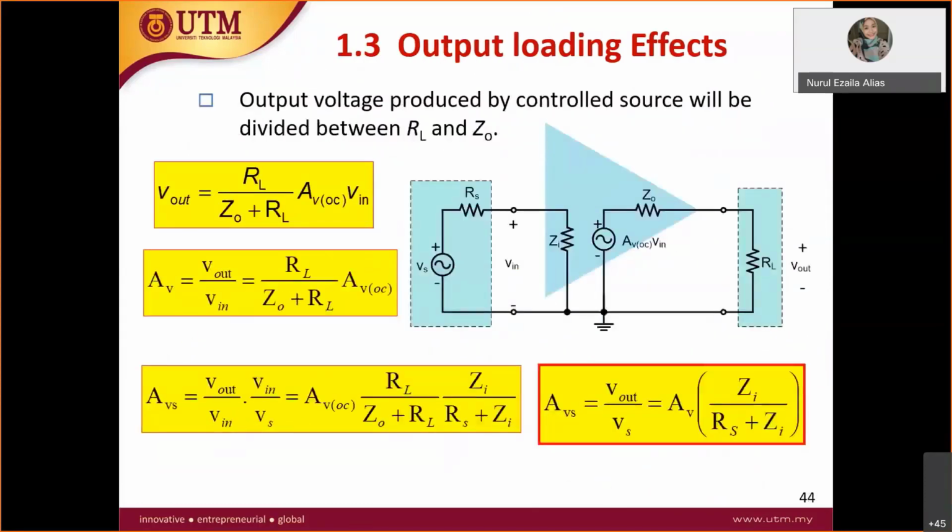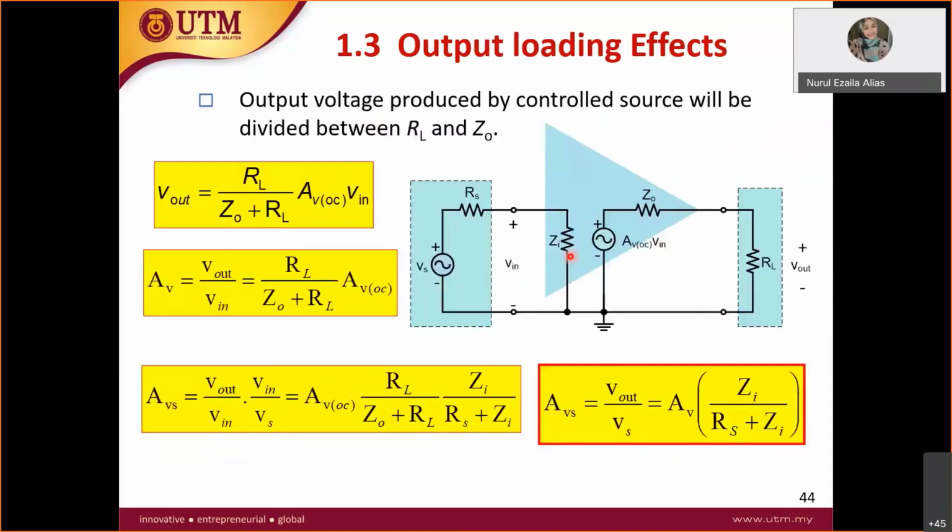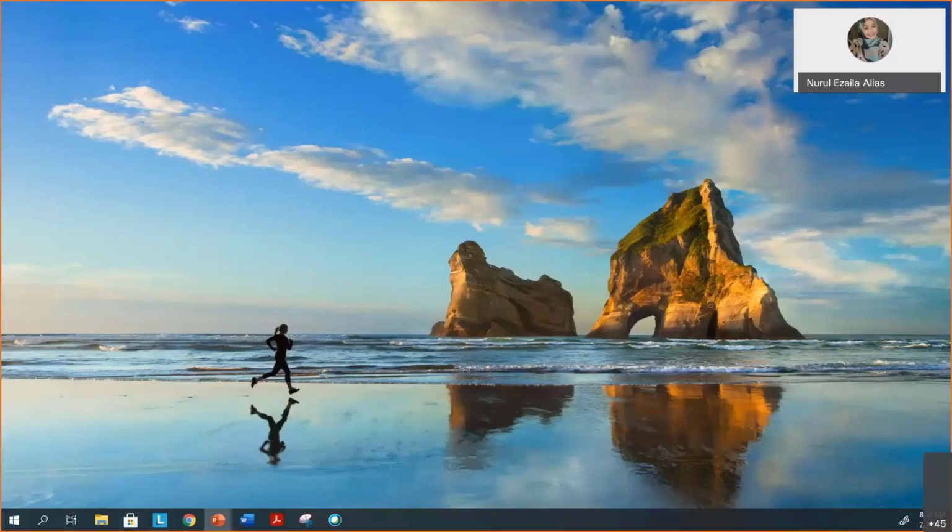Now we have the output part. So for the output part now, here we were solving the input part, and now the output part. For this case, I think I need one more slide here.